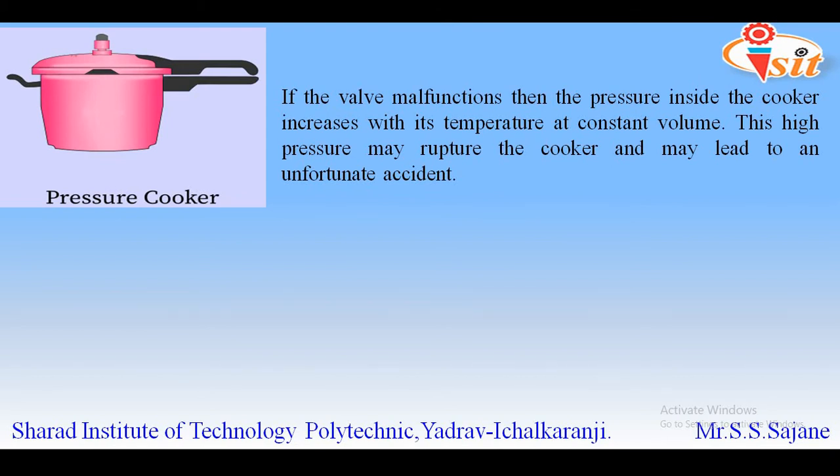If for some reason this valve fails to perform its function, that is if it malfunctions, then there will be a tremendous increase in pressure, as the volume of this pressure cooker is constant, since we close this cooker very tightly, and also we are supplying heat through the burner continuously.